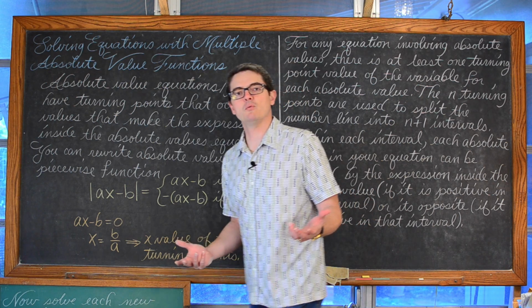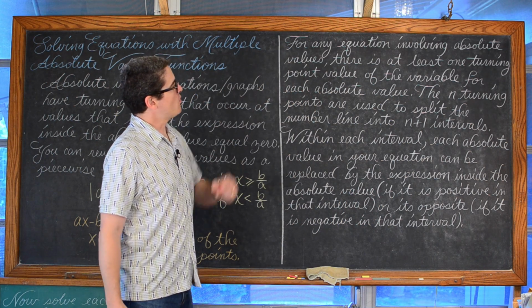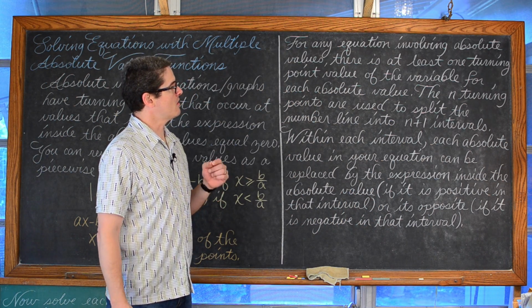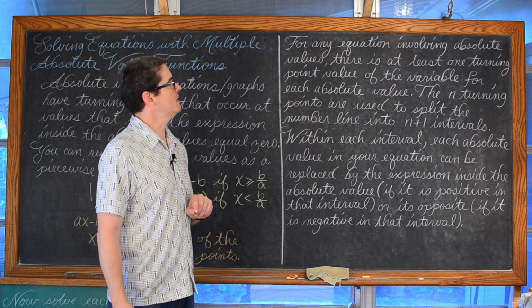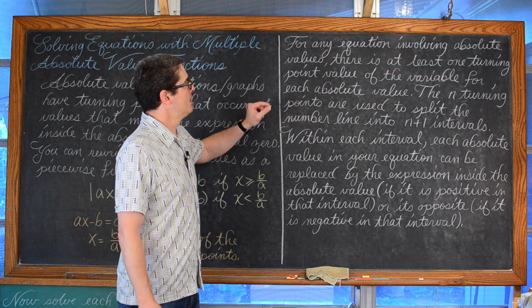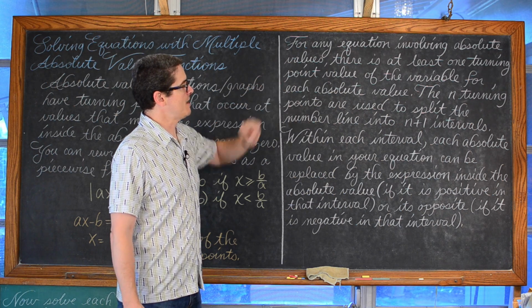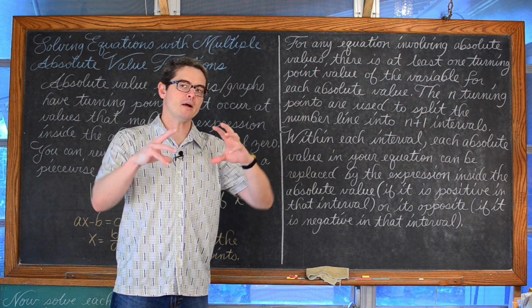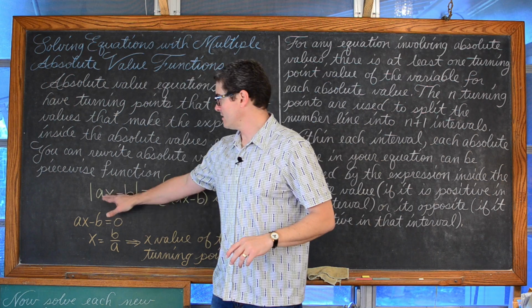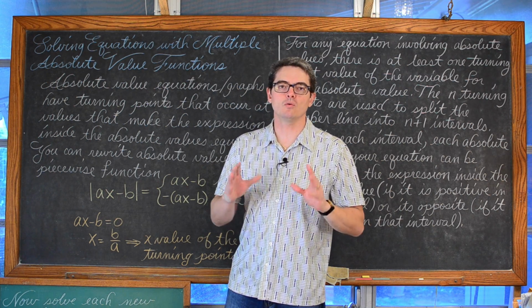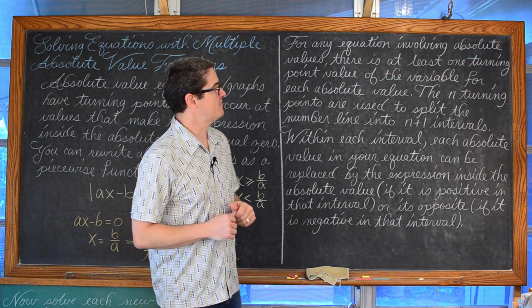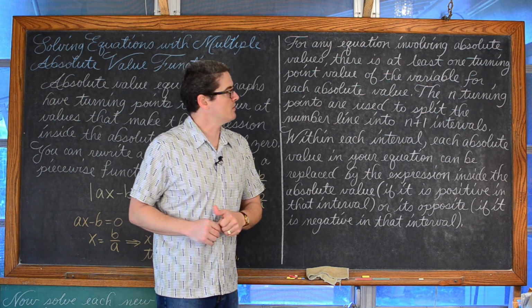Okay, so what? For any equation involving absolute values, there is at least one turning point value of the variable for each absolute value. In other words, you might have more than just a linear expression inside your absolute value function, so for each absolute value you may get more than one turning point.